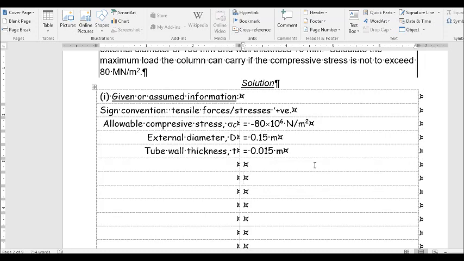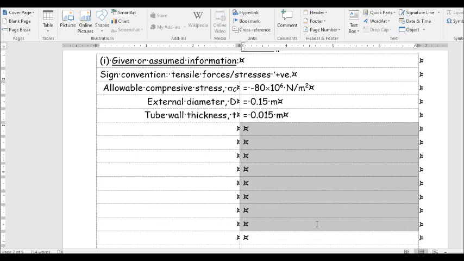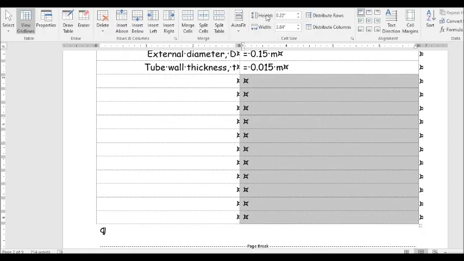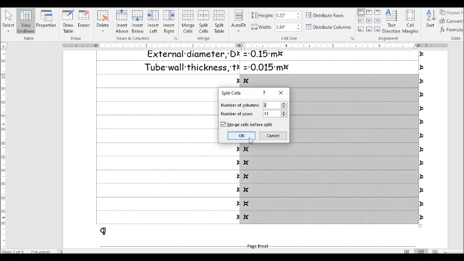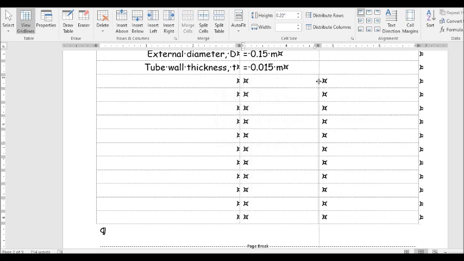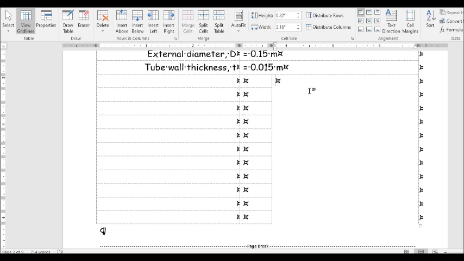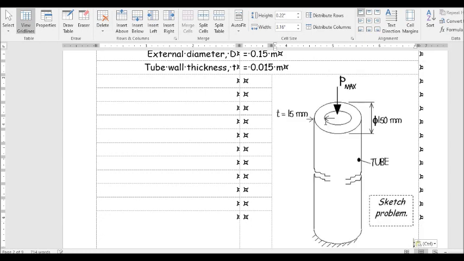I'm going to split these rows for the moment. So my layout option, split the cells, resize the right-hand column. I'm going to merge these rows and paste in my image. At the moment I'm going to leave that there.